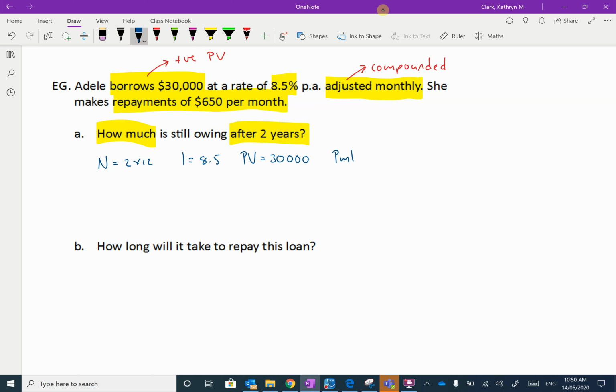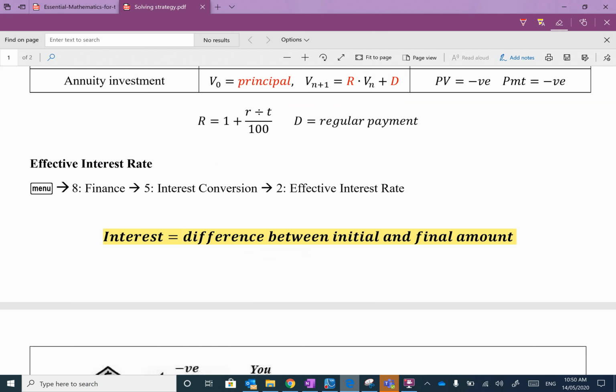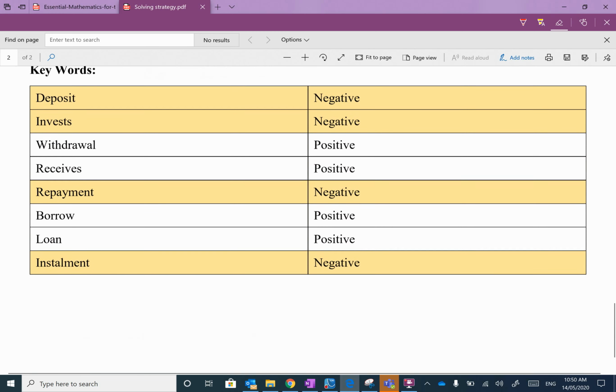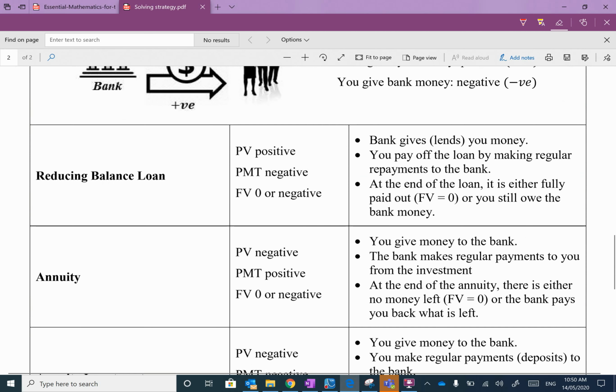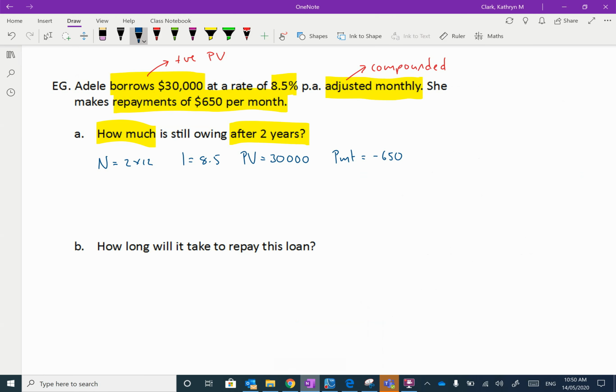Now, payment has to be a negative value, negative 650, because repayments are a negative value. And in a reducing balance loan, our payment must always be negative. So that's probably one of the key problems here, is that students will forget to put the negative into their calculations.